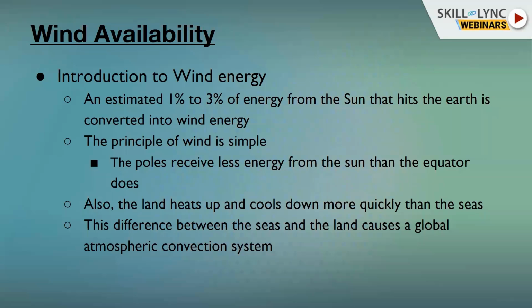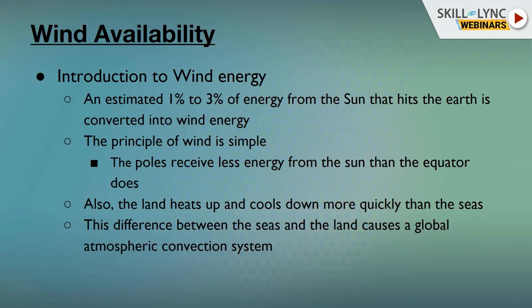Here they have given a principle very simply: the poles receive less energy from the sun than the equator does. So wind energy is nothing but using the sun's energy, the air becomes hot and cold, and through that we produce electrical energy.